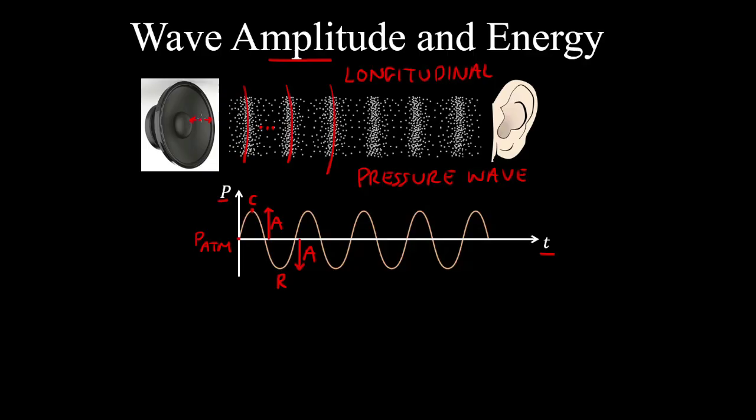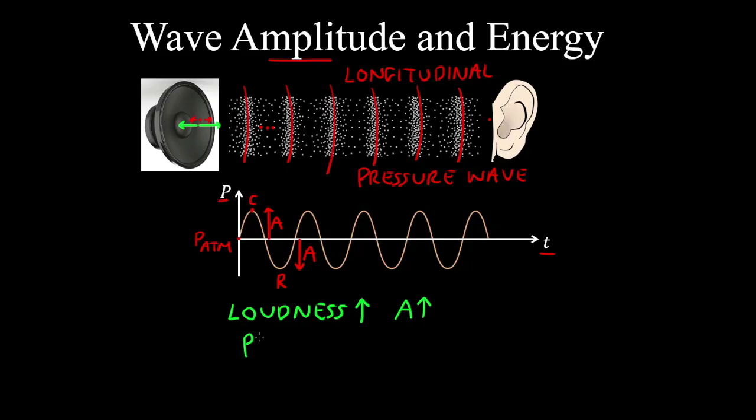If the diaphragm of this speaker oscillates with a higher amplitude, then the increasing amplitude increases the loudness of the sound, which is heard at another point in the medium. So loudness increases with an increase in amplitude.